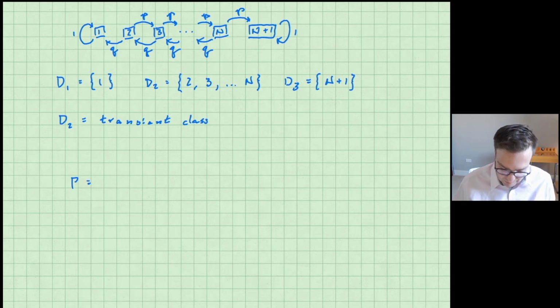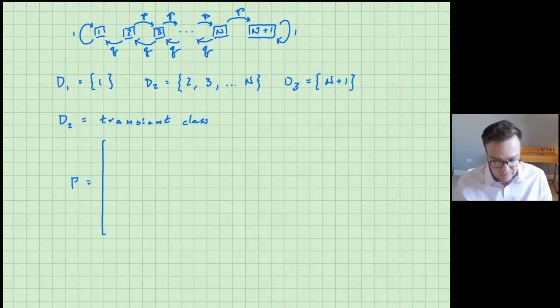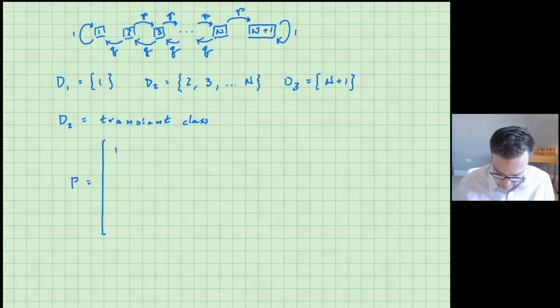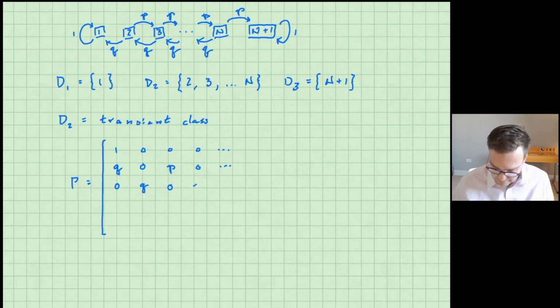One-step transition probability matrix. But I'm just going to sketch it out. So the probability of going from state 1 to 1 is 1, and then it's all zeros after that. Going from state 2 to 1 has probability Q. Going from 2 to 2 has probability 0, and 2 to 3 has probability P. And then 3 to 1 can't happen in one step, but 3 to 2 can happen with probability Q. 3 to 3 can't happen in one step, and 3 to 4 can happen with probability P, like this.